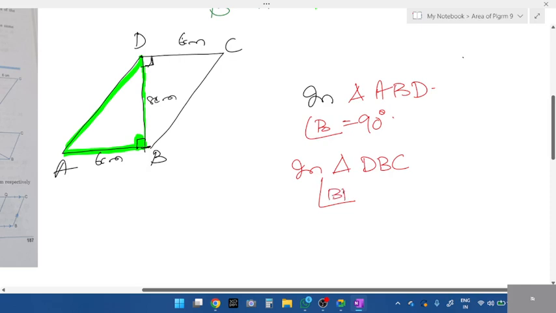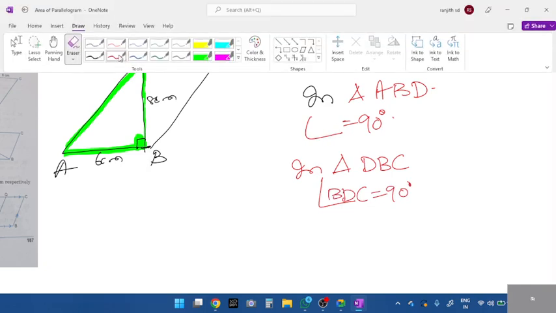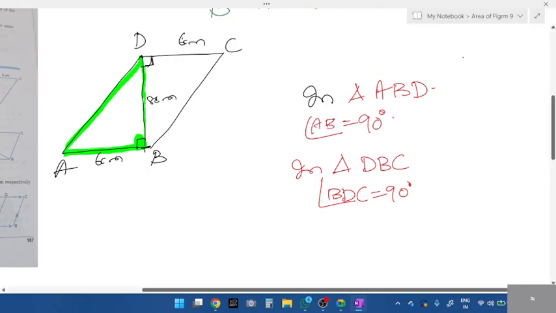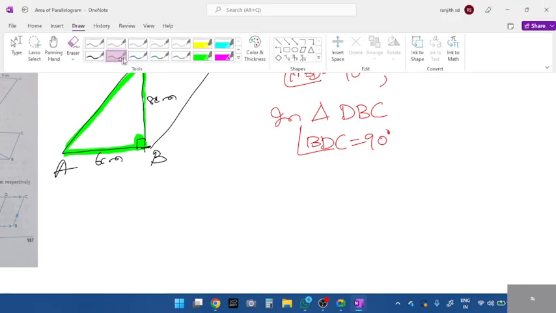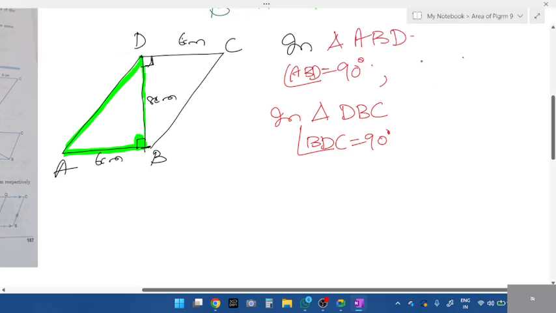How do you write angle BDC? ABD. Very good. Angle ADB is 90, right? Both are 90 degrees. Then what about the sides? DC is equal to 6 centimeter and AB is equal to 6 centimeter.